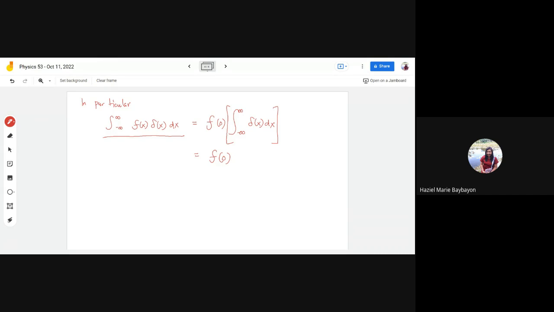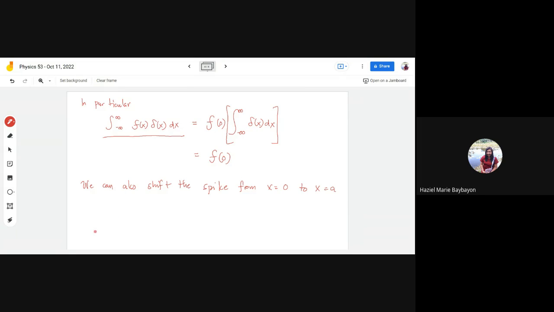Okay? So, we can also shift the spike from x equals 0 to, say, for example, x equals a.